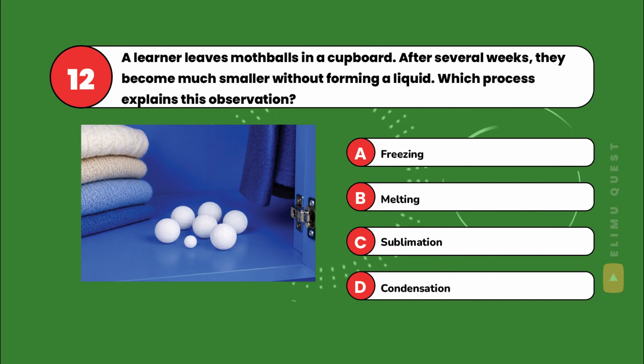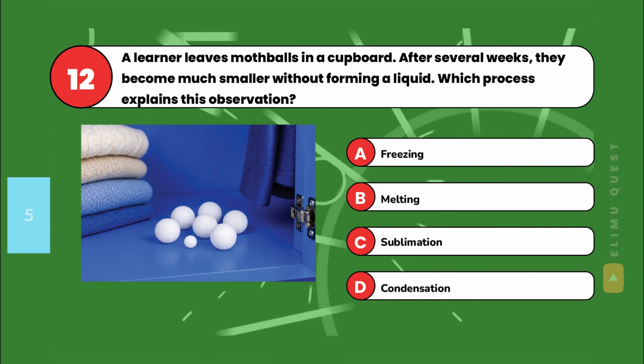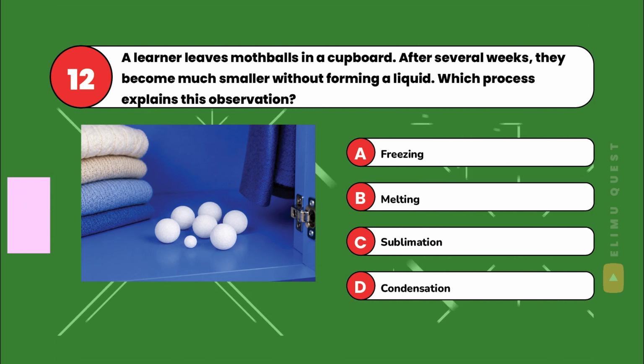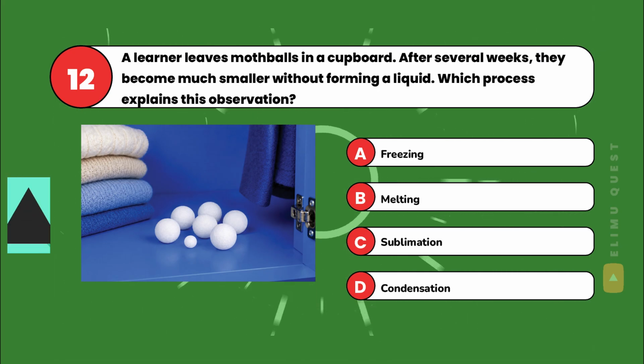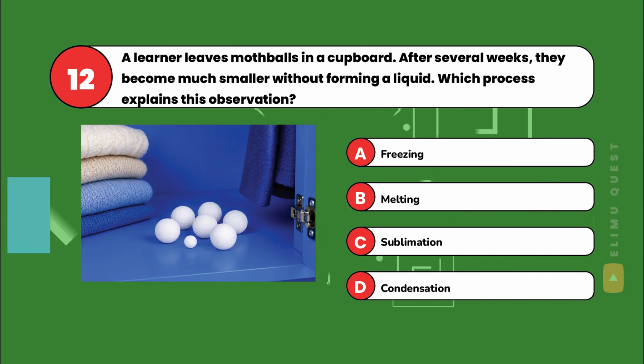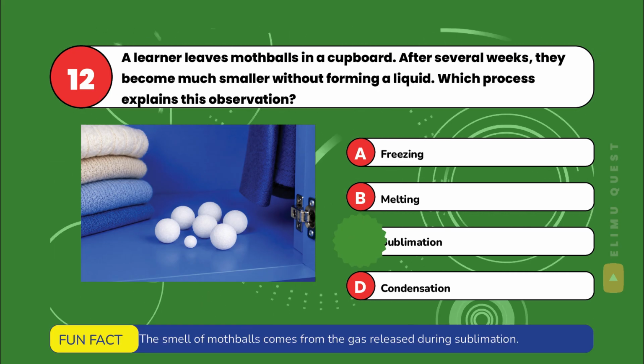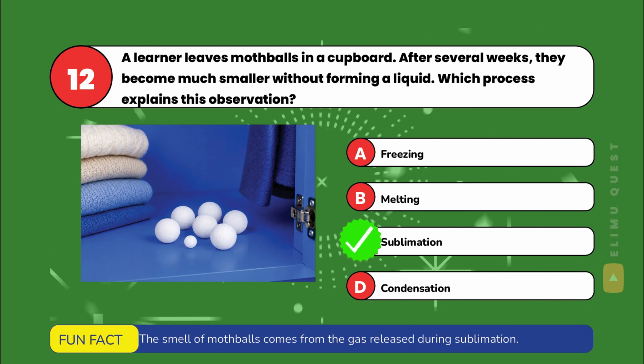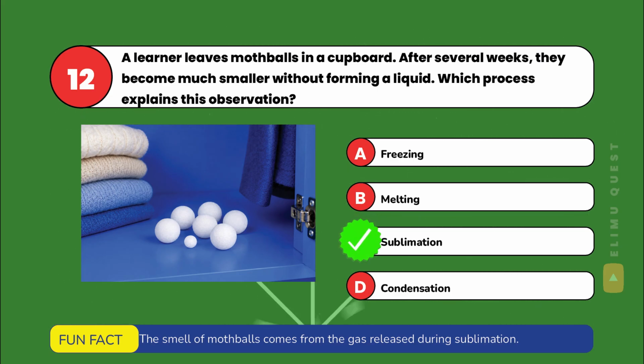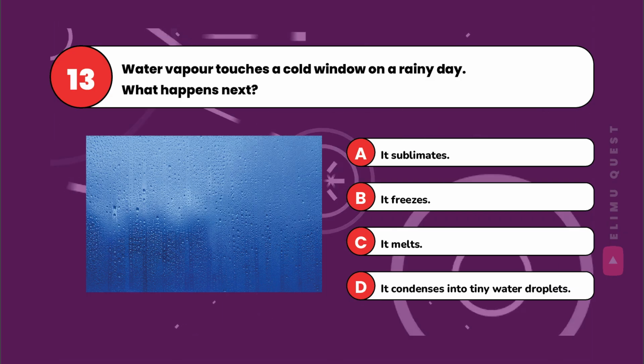After several weeks, they become much smaller without forming a liquid. Which process explains this observation? During sublimation, a solid changes directly into a gas without first becoming a liquid.